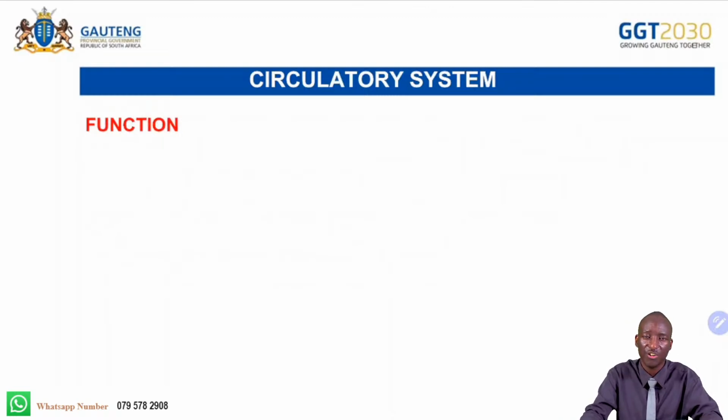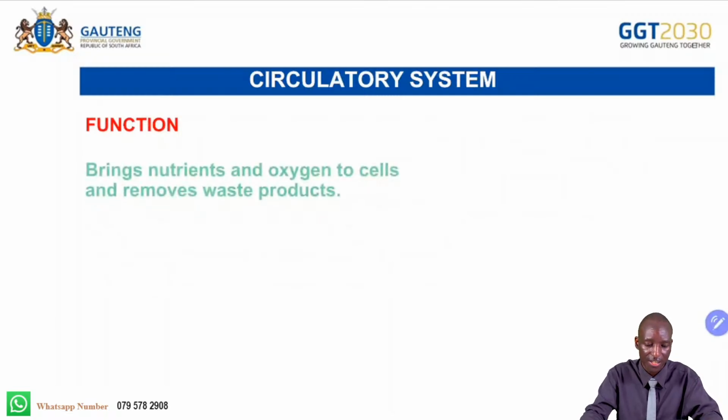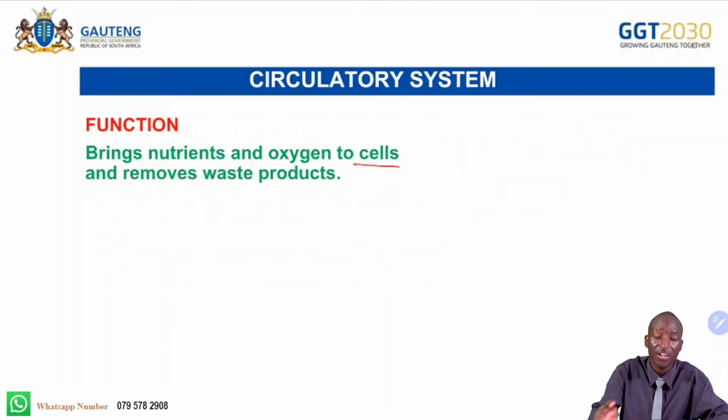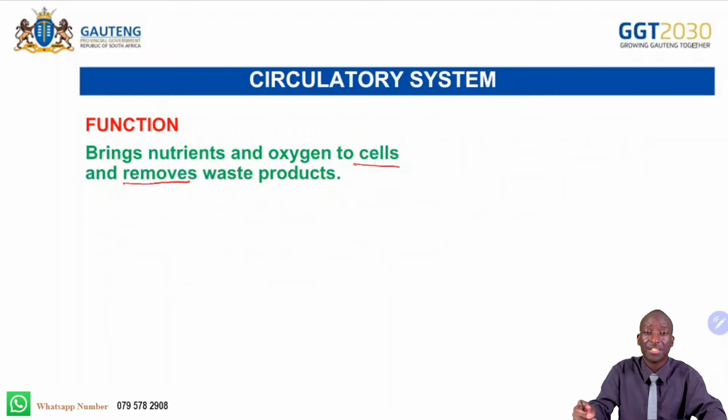Its function is to bring nutrients and oxygen to cells, and then it removes waste products. So it's a very, very important system. It's the one which brings nutrients and oxygen to all the body cells.